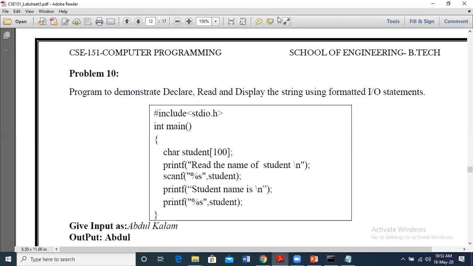So instead of putting into file, you just scan it and make one PDF for lab sheet 2. Upload it to the lab sheet 2 folder. Another PDF you create, scan all the lab sheet 3 papers at once, and that will be lab sheet 3 PDF. Give your roll number as the name of the file, okay, and upload it to lab sheet 3 in the Google Drive. Okay.